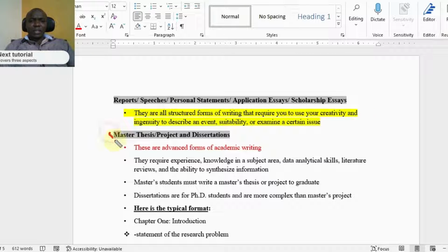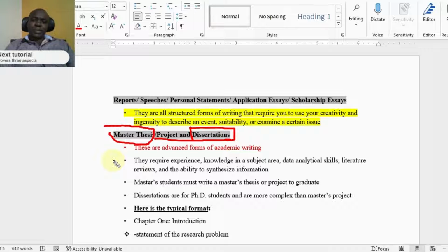Master's theses are mostly written by master's students, while dissertations are mostly written by PhD students.